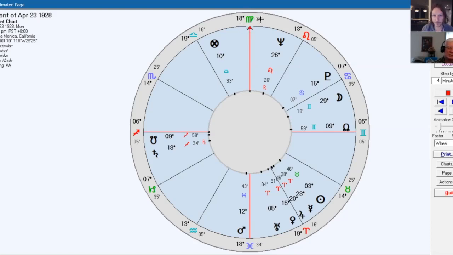And that's approximately 4 minutes of time, so that every 4 minutes that passes after birth corresponds to 1 year. Because there's 90 degrees of right ascension from the ascendant to the midheaven, this would correspond to 90 years of life. So most people's lives will fall into this area.